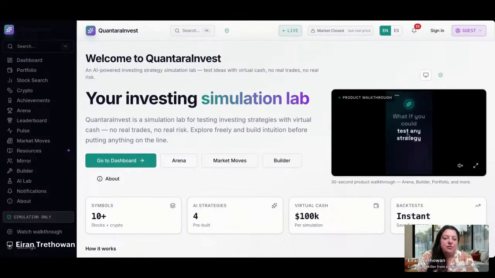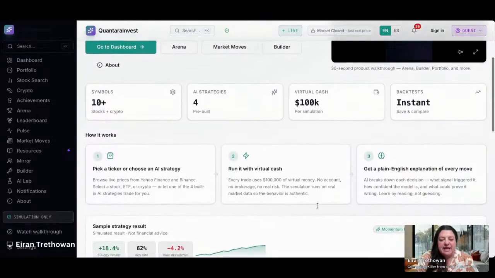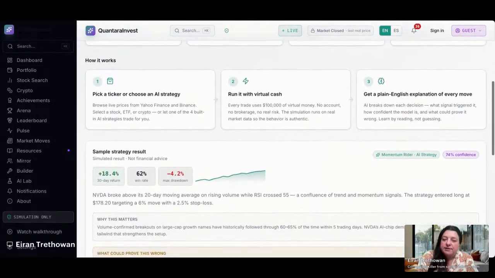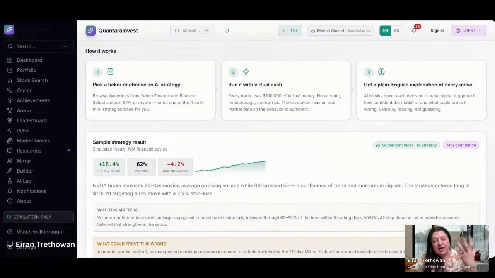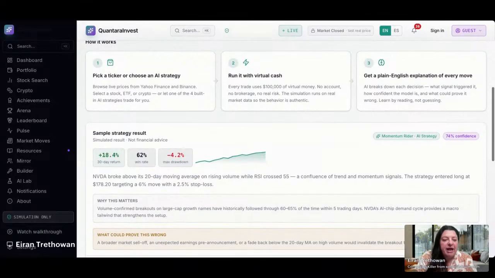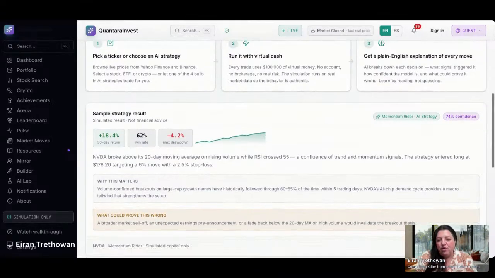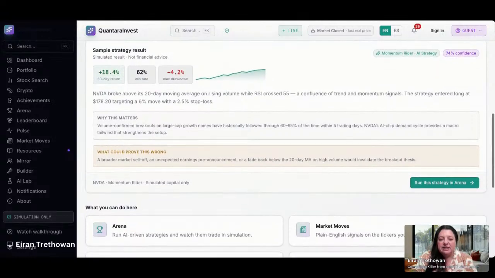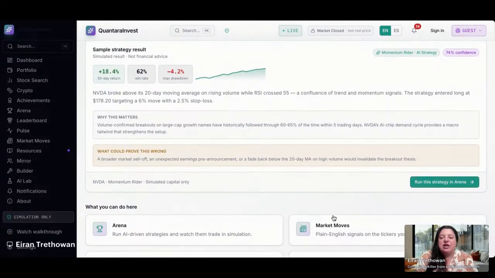There's a sample you can walk through, and then it scrolls down and it talks about how it works: picking a ticker, choosing your AI strategy, and running it with virtual cash. So it's got the information up front, a plain English explanation of every move. It samples your strategies. You can run this strategy in the arena.